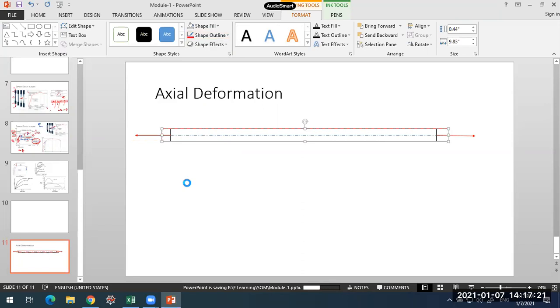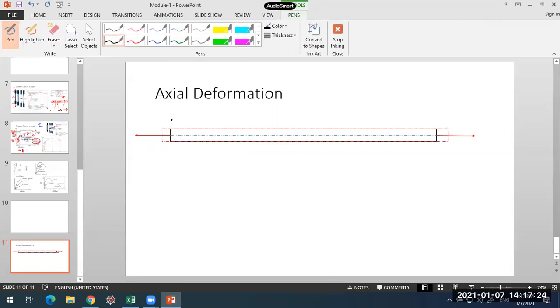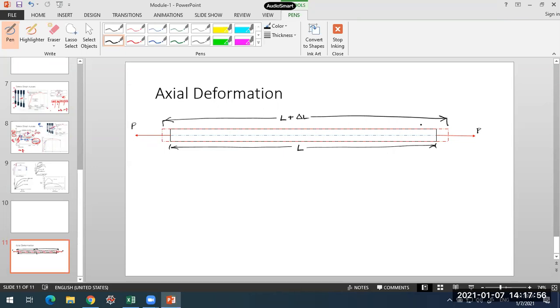Here I have my original length, that is this one, as L, and on application of the load P at both ends, this is the final length, or the change in length. Let us say it will increase to L plus delta L. That is the final length of the bar on applying the axial force P.